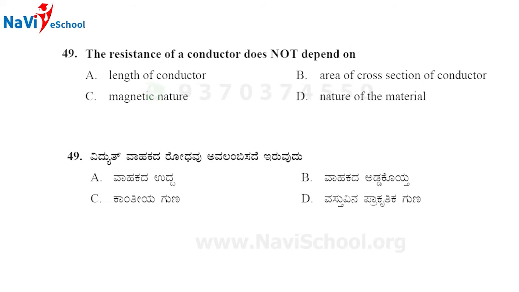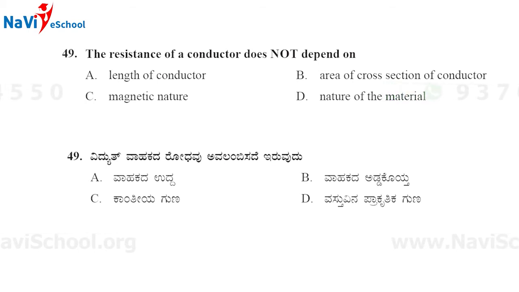Next, question number 49. The resistance of a conductor does not depend on: option A length of conductor, option B area of cross section of conductor, option C magnetic nature, option D nature of the material. So here children, the resistance of a conductor, it depends upon what?